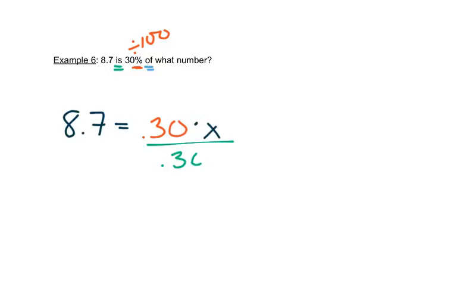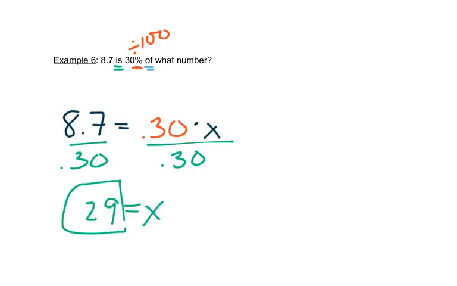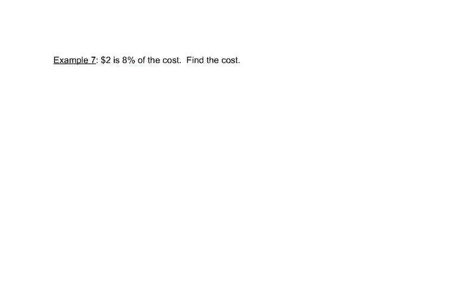So we're going to divide both sides by 0.30. So 8.7 divided by 0.30 gives us 29 as our answer. So every percent you're going to change. You either change it in the beginning when you see a percent sign, or you change it at the end if you're trying to find a percent.